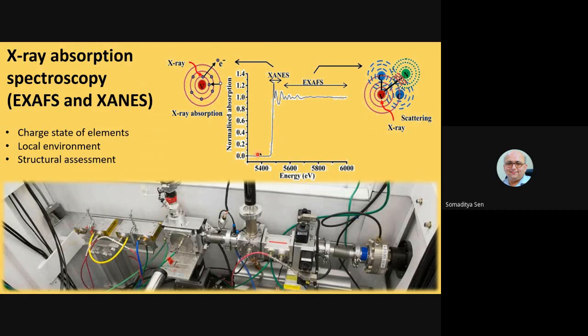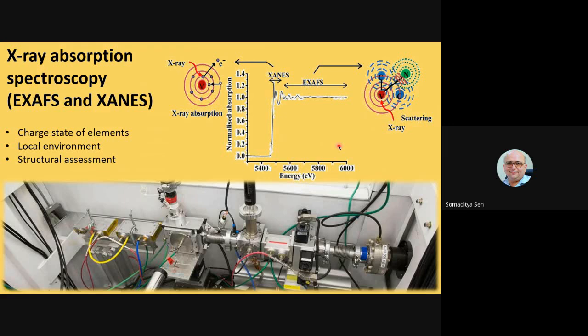But the moment you put in energy which is equivalent to the core energies of the material, it will be absorbing the X-ray. And when it absorbs, it does two different things. One is it transmits all the other energies, and the other thing, it radiates the same energy due to the transition of an outer electron to the lower electron. So you have an X-ray which is emitted and scattered in all directions.